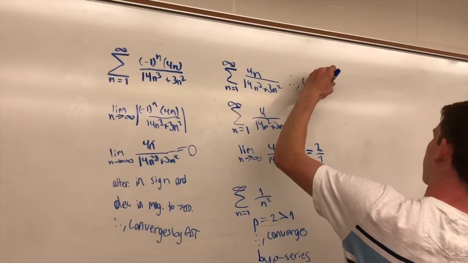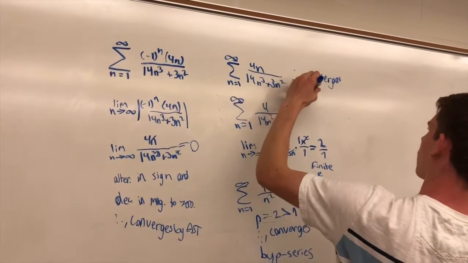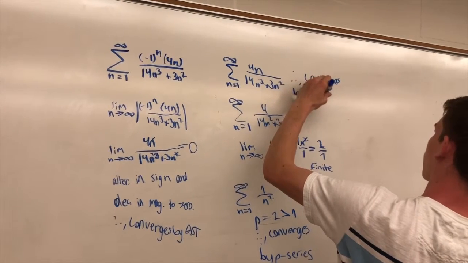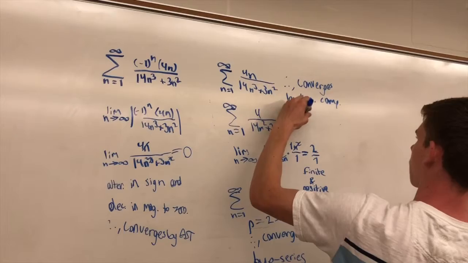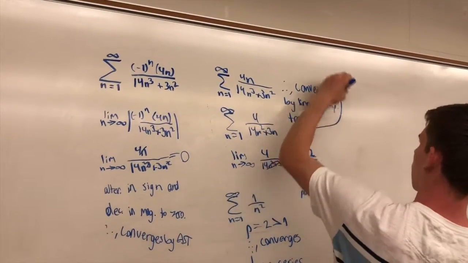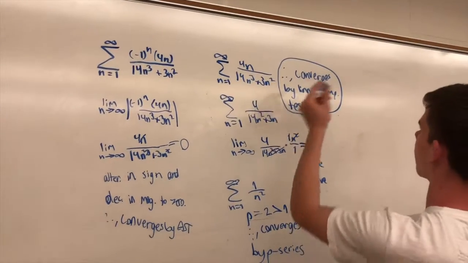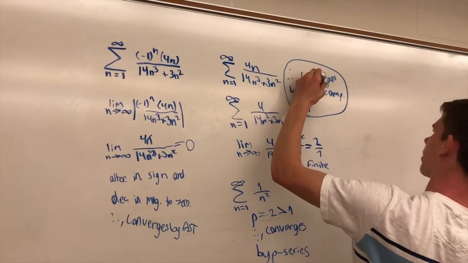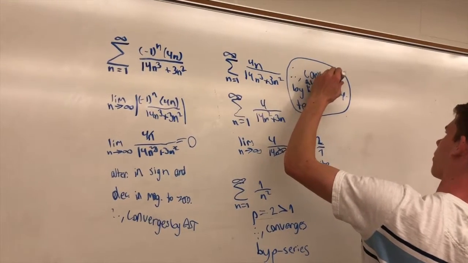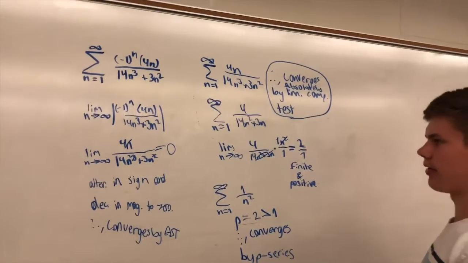Converges by limit. All right, oh wait, converges absolutely, I completely forgot about that. Since it converges both ways, that means it converges absolutely. So yeah, there you go.